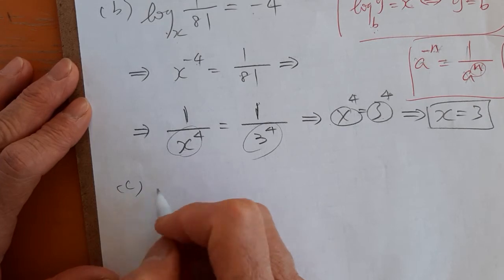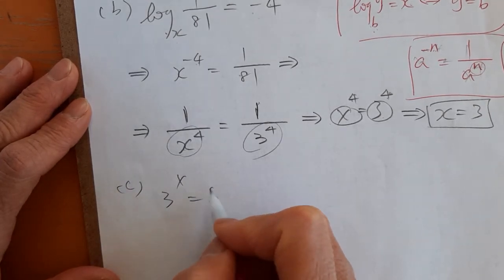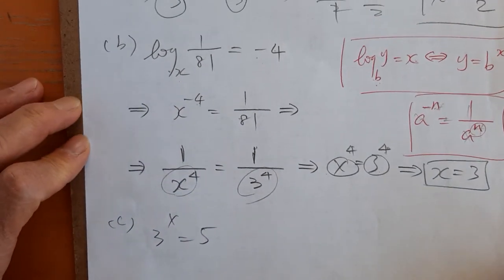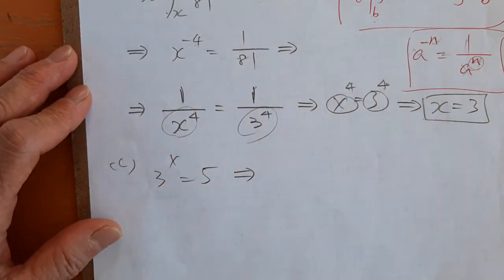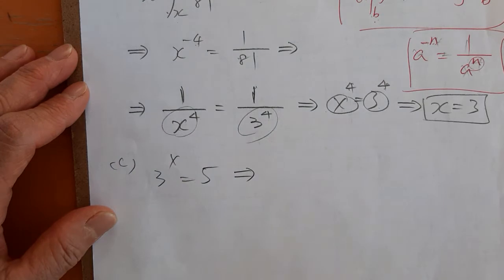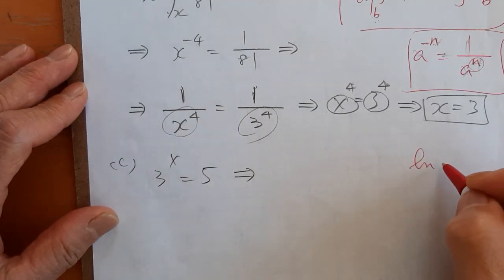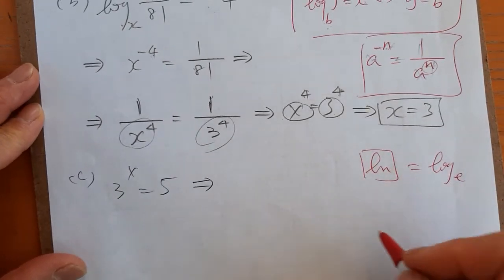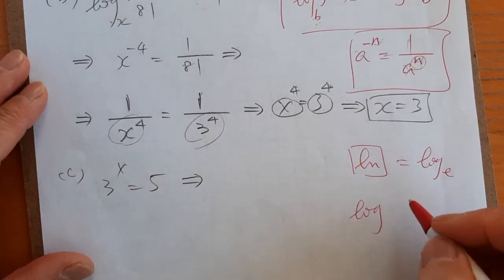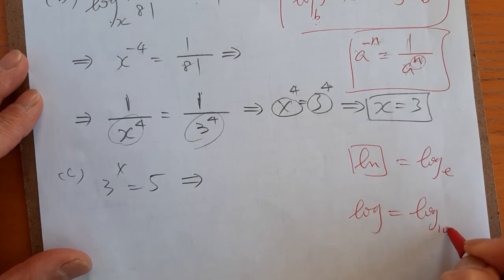C, 3 to the power x equals 5. Solve for x. Because the calculator has two keys, either the natural logarithm key, where the base is e, or the common logarithm key, where the base is 10.